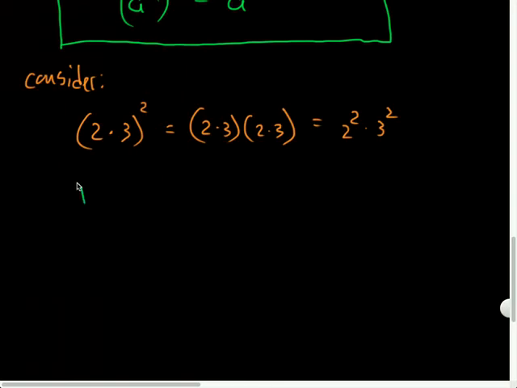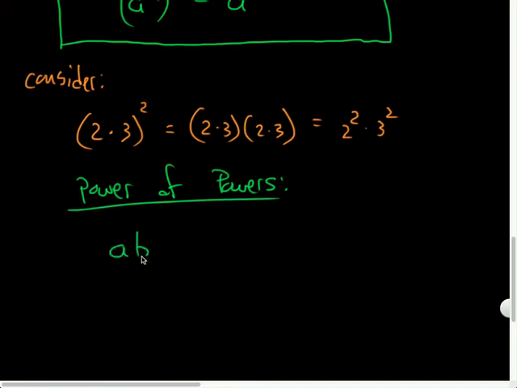We'll call this the power of powers property. And what I would have here is, actually I'll even write it this way, a to the m times b to the n all to the p. Lots of letters floating around there.